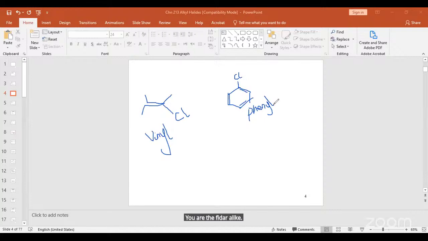Then you also have the benzyl halide. Benzyl, we have mentioned the other time, when your benzene ring is having a carbon attached to it. That's benzyl.